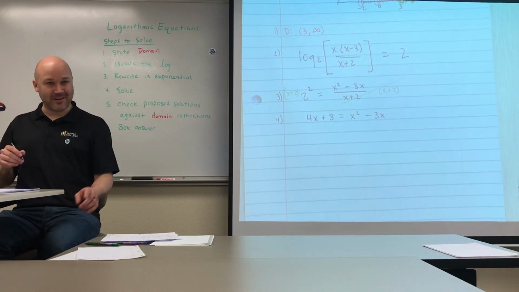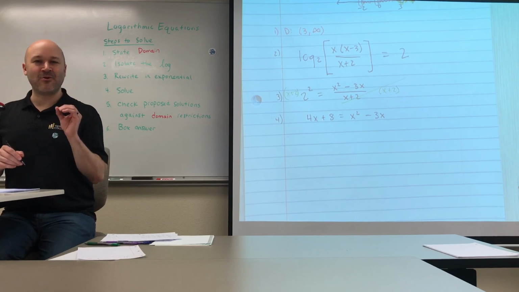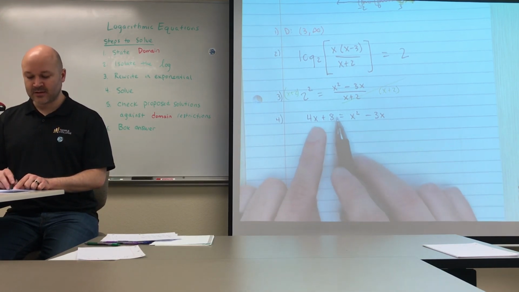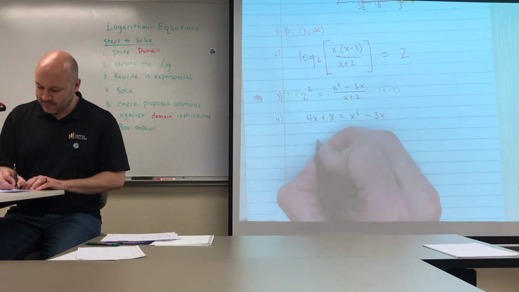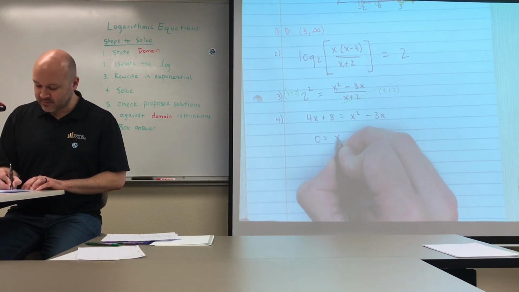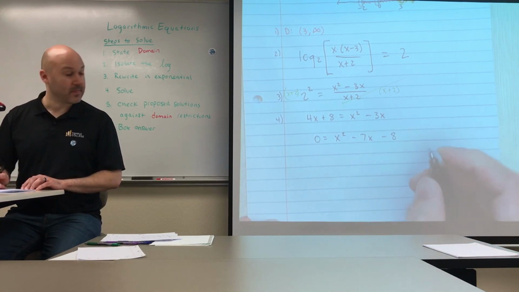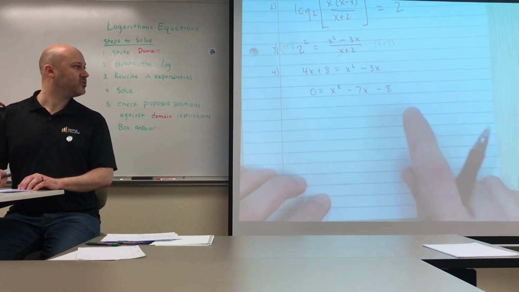These are fun to solve if you can set it to 0 and factor it. So I'm going to move the 4x to the right, the 8 to the right. I'm going to set this thing equal to 0. This should factor.